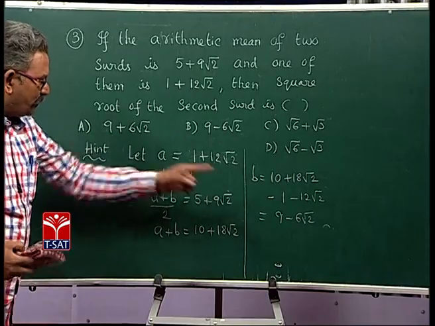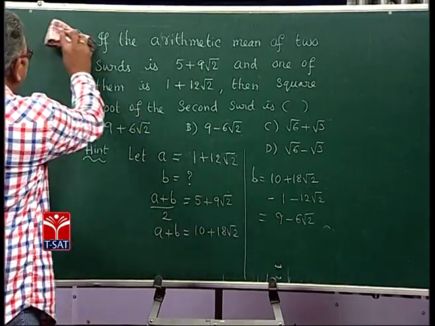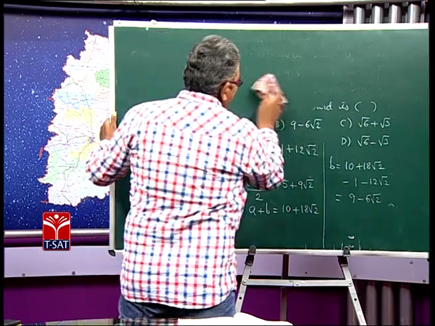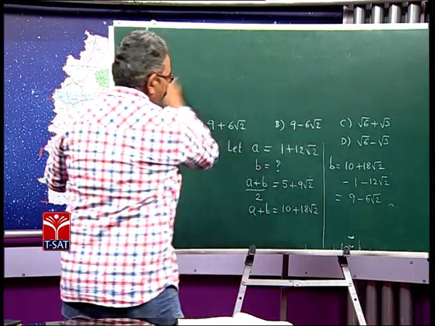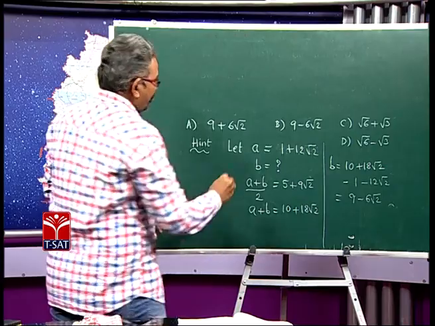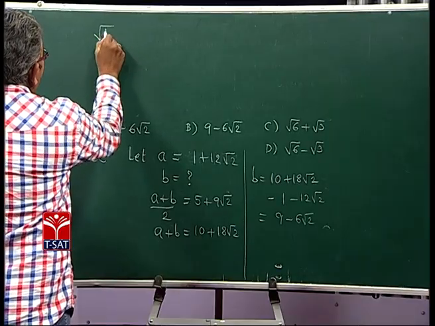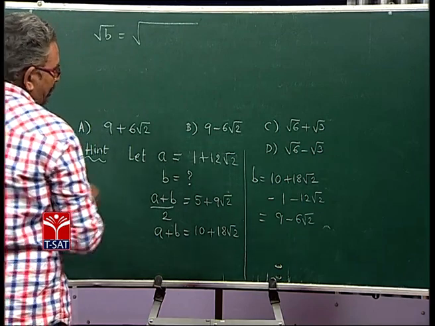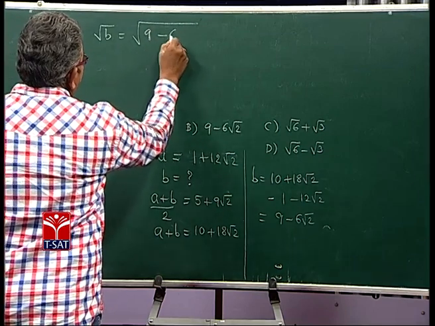Now you have to find out the square root of B. So let us find out. Square root of B is equal to root of 9 plus 6 root 2.